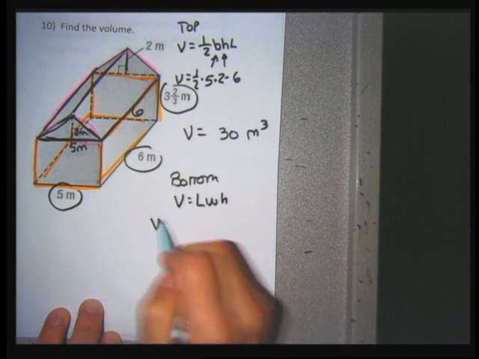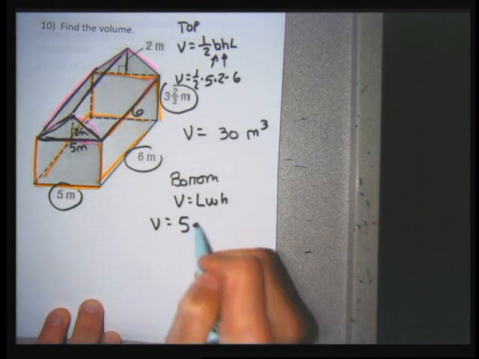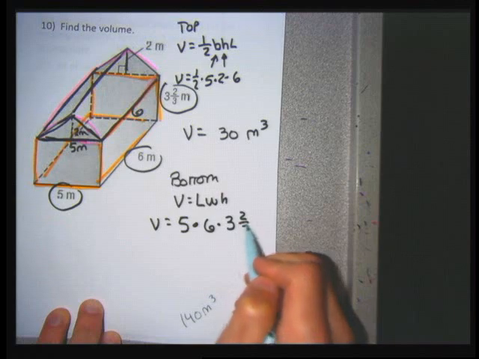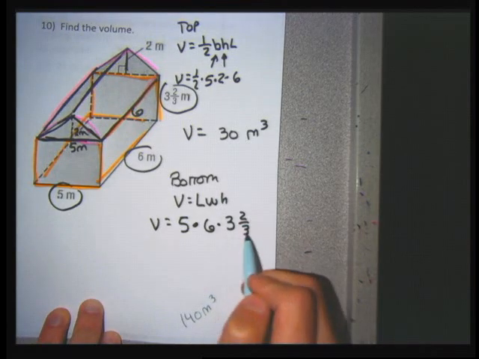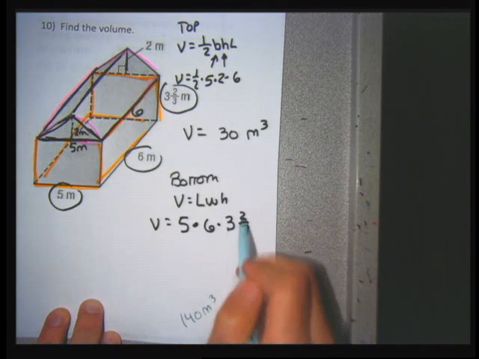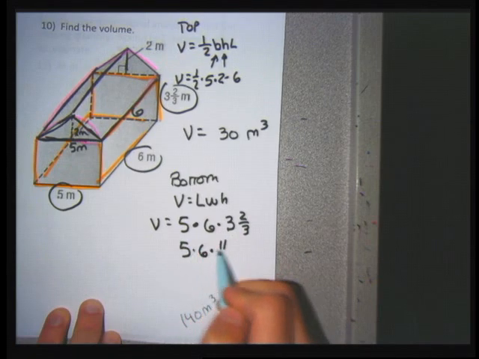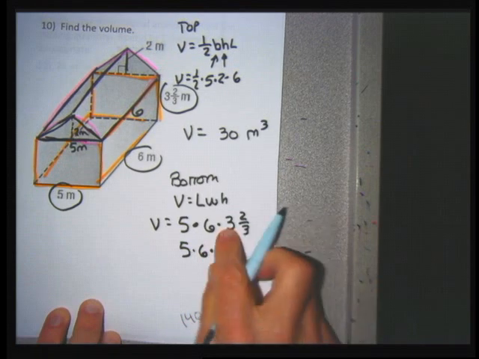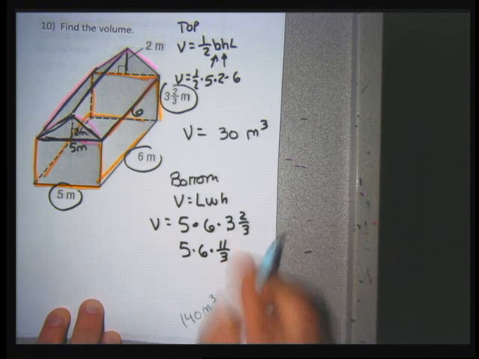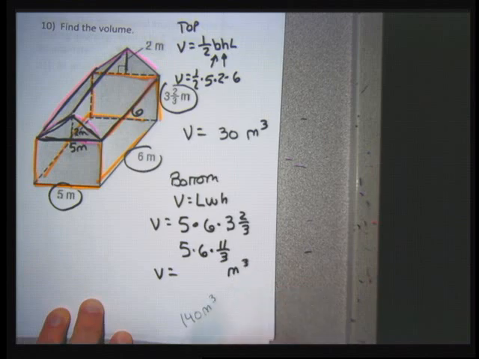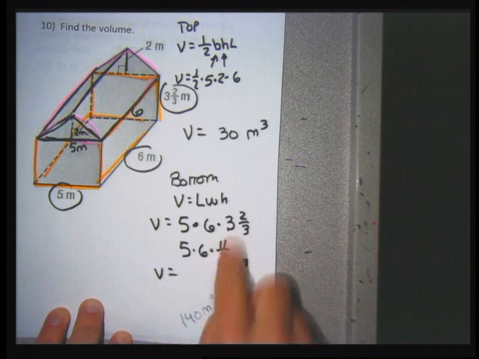So I'm going to go volume equals 5 times 6 times 3 2/3. And for the 3 2/3, I'm going to go 3 times 3 is 9 plus 2 is 11. So I'm going to go 5 times 6 times 11/3. And its units are also going to be cubic.